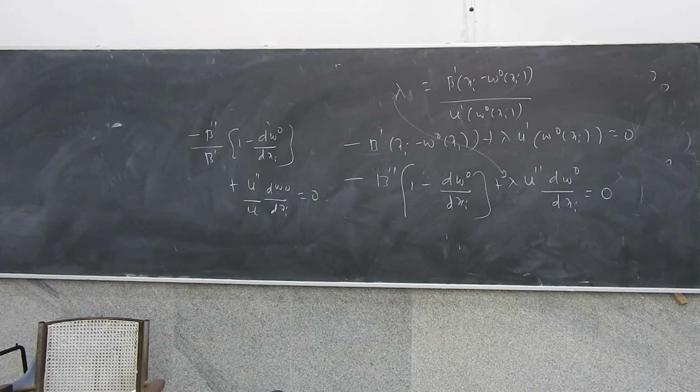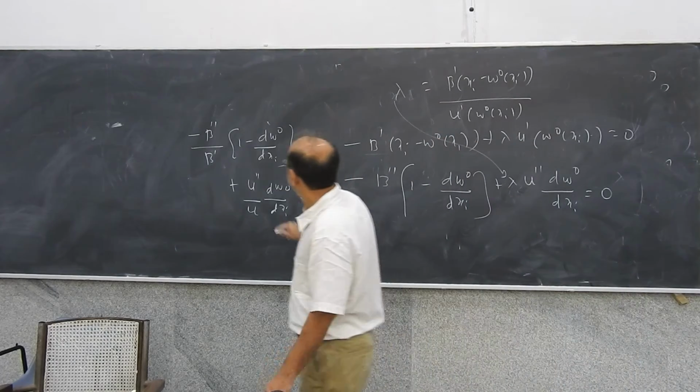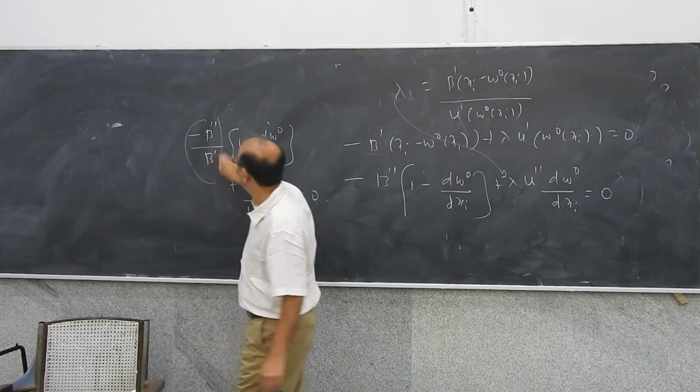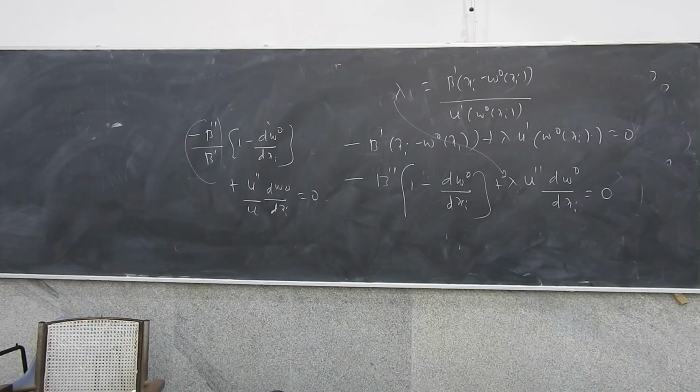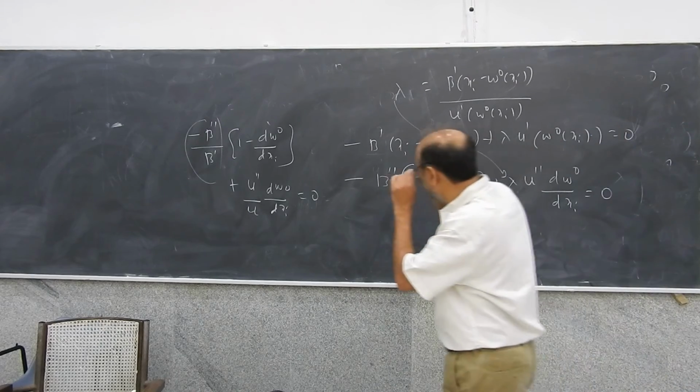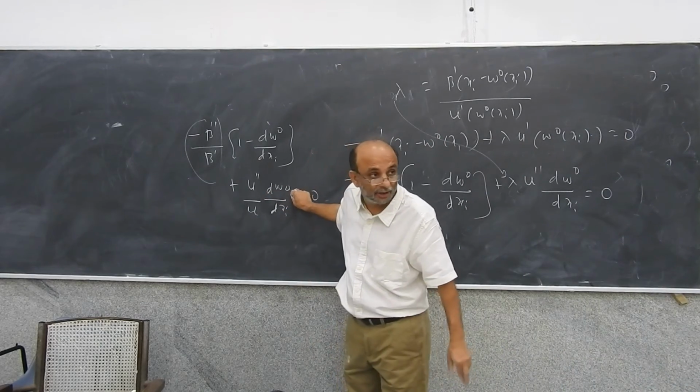Now do you recognize this? The measure of risk aversion for the principal, and this is the minus of the risk aversion for the agent.